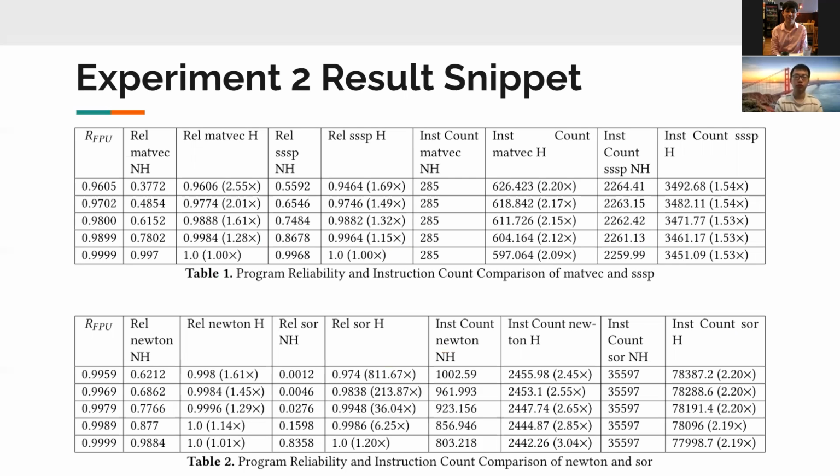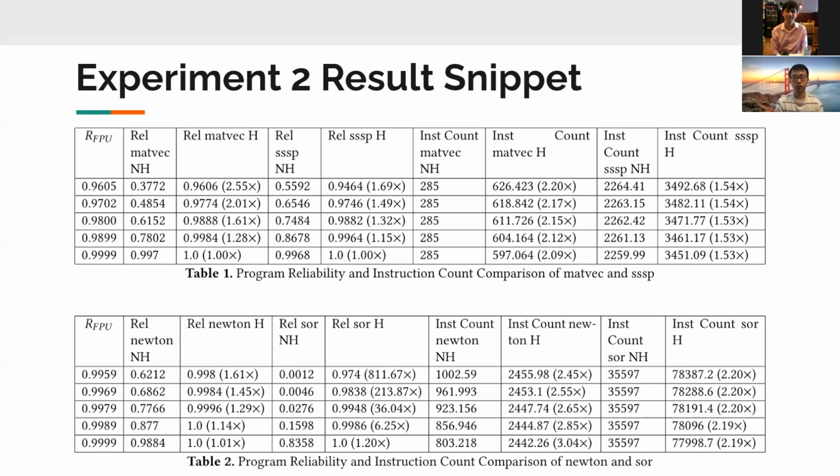However, this is different per application. If you look at SOR on the bottom table, at a 0.9959 FPU reliability, we get around an 811.67x increase. This is largely due to the initial program having such low reliability. If you look at 0.9999 FPU reliability, however, SOR has around a 1.20x increase.